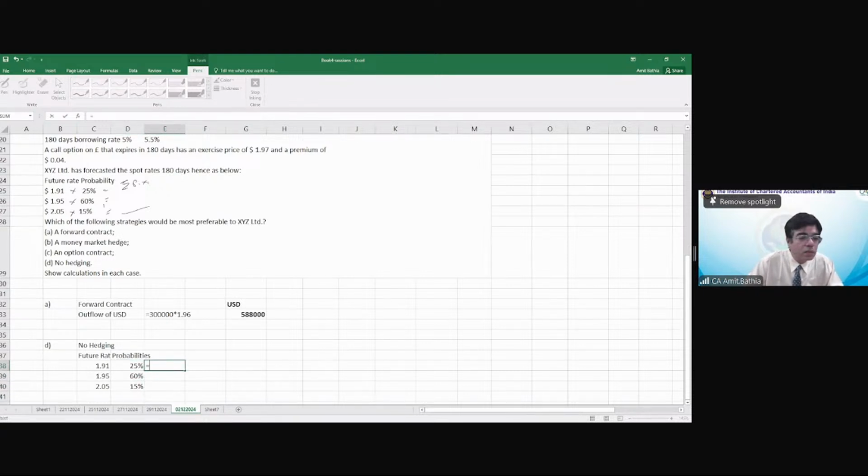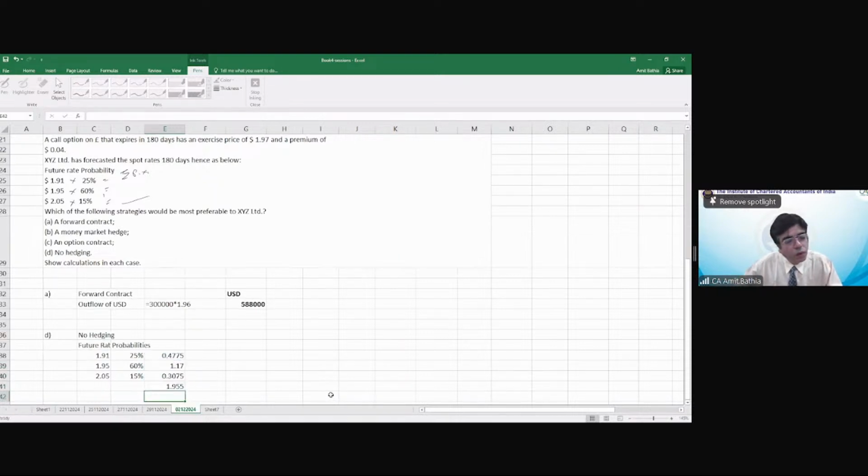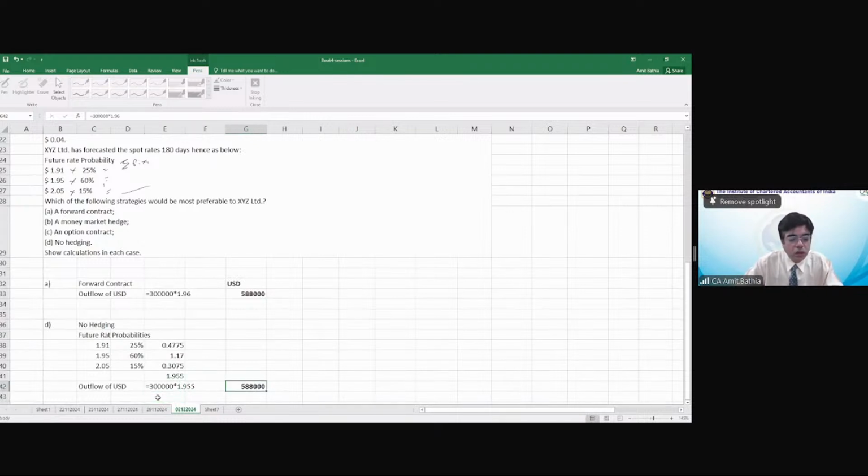Now all I need to do is multiply future rate into the respective probabilities, and I get 1.955. So in this case, how much will be my outflow? Here it will be 1.955, so I will have an outflow of 586,500 USD.